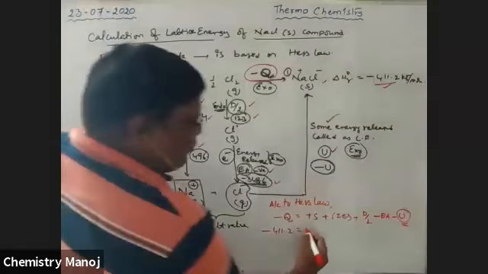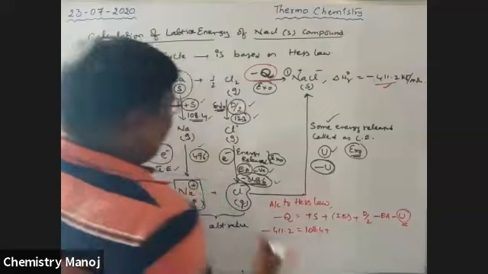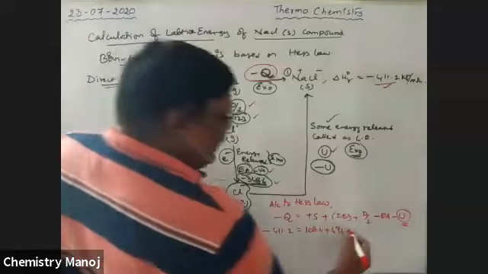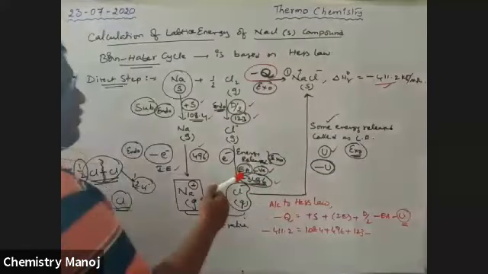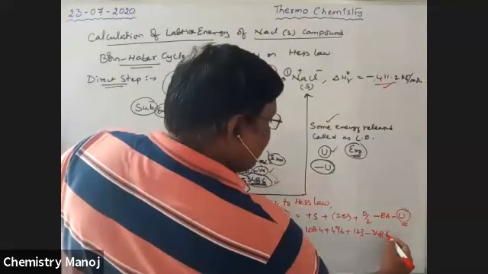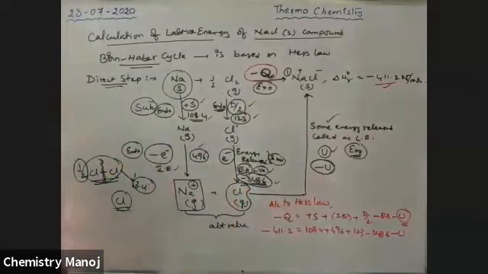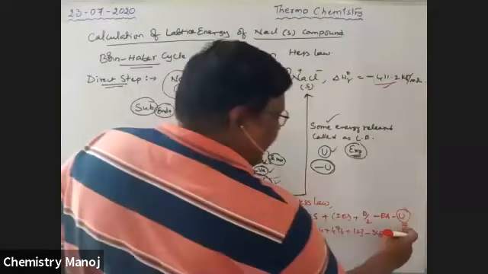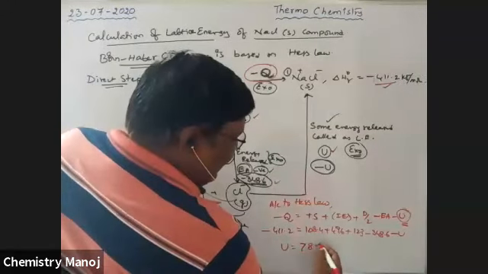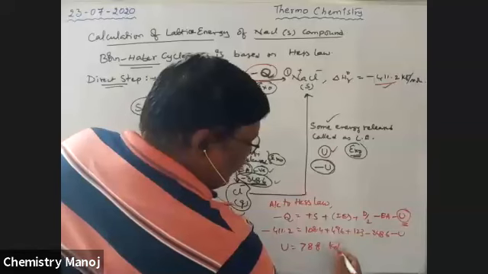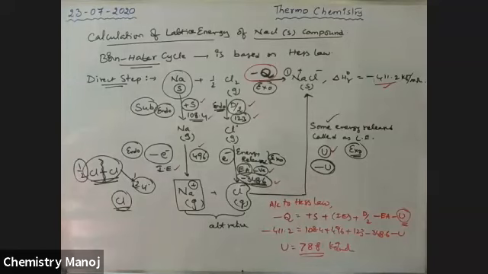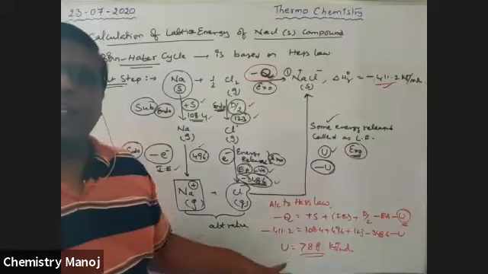Sublimation energy 108.4 plus ionization energy 496 plus D by 2 value 123 minus electron affinity value 348.6 minus U. So finally, U is equal to 788 kilojoule per mole. This is the total energy, and U means lattice energy.